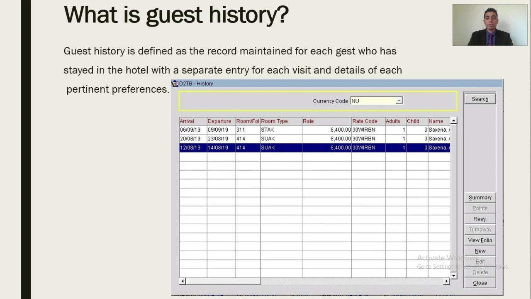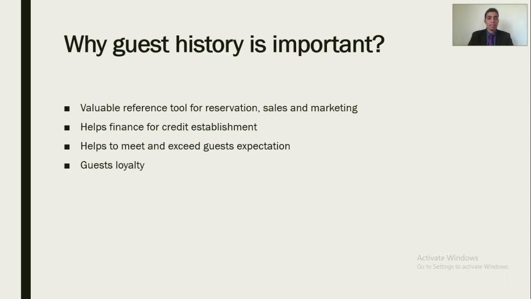On the guest account as well, we can view the folio of the guest through the guest history, how much credit and debit he had in the hotel. From this we can trace how many times the guest has stayed or how much the guest has spent in the hotel.